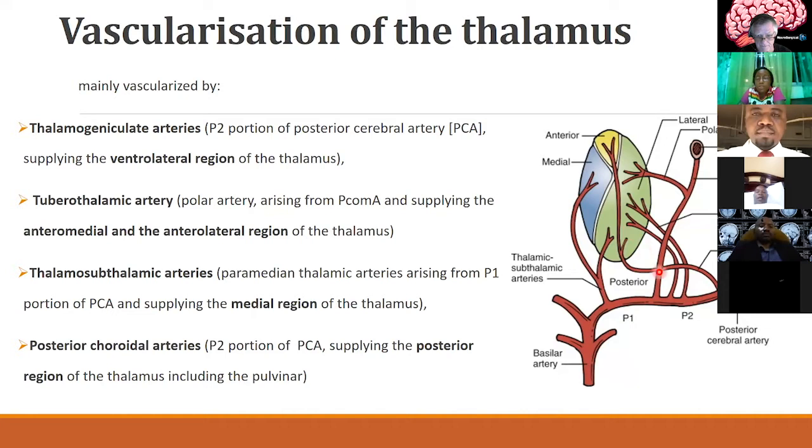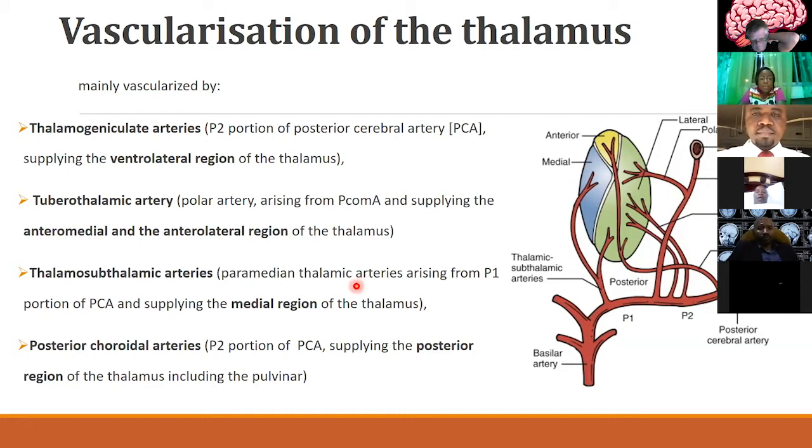We then have the tuberothalamic arteries, also known as polar arteries, which arise from the posterior communicating artery and supply the anteromedial and anterolateral regions of the thalamus.